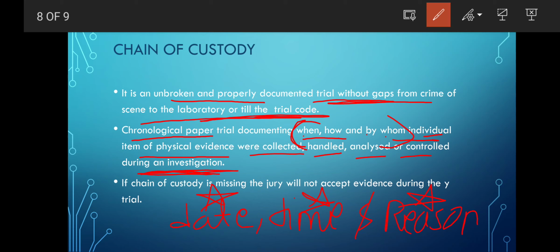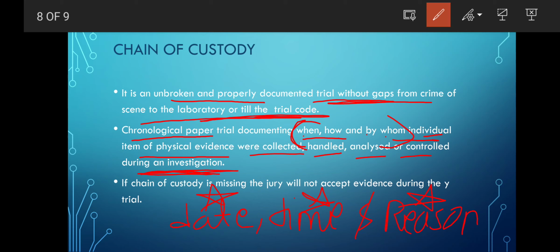And after analysis also, the item should be packed in the original packing, okay. So the packing is also very important, and it should be resealed in a new packing, meaning the seal should be resealed, showing that it has been opened and now they are resealing. This process basically happens at the forensic science laboratory.